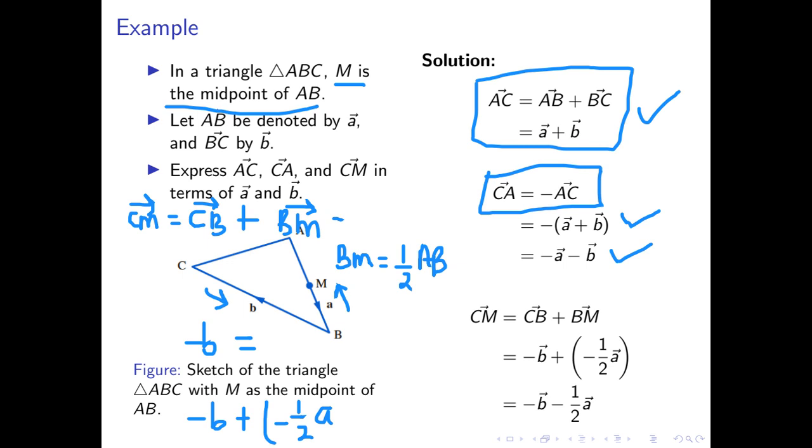Since BM is half AB and AB has been represented by vector A, hence we have CM to be equal to minus B minus half of vector A. And this is how we obtain that vector C here. I believe you can see it, it's clear, and I've taken my time to describe enough of that.